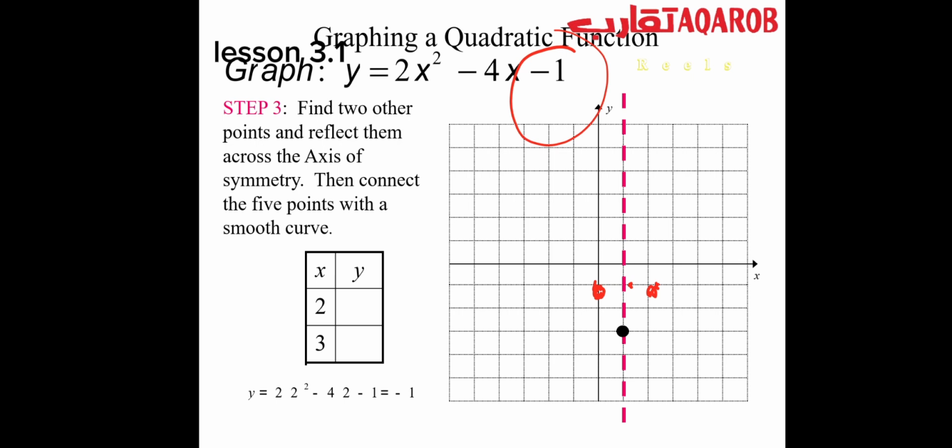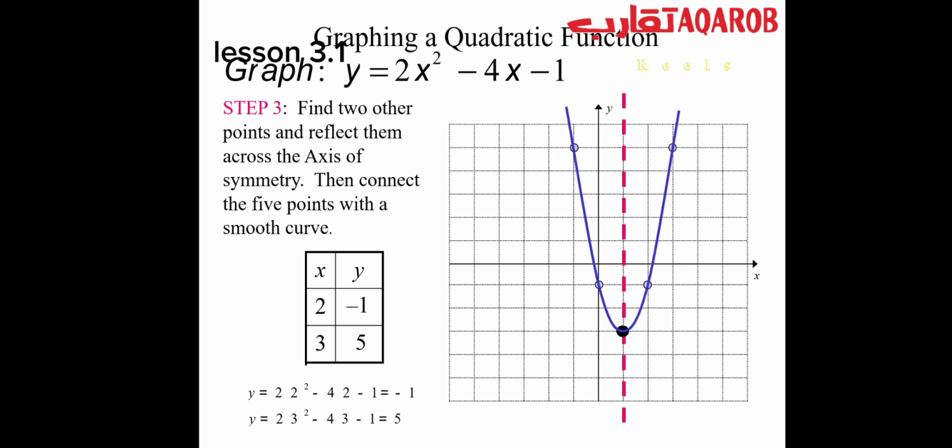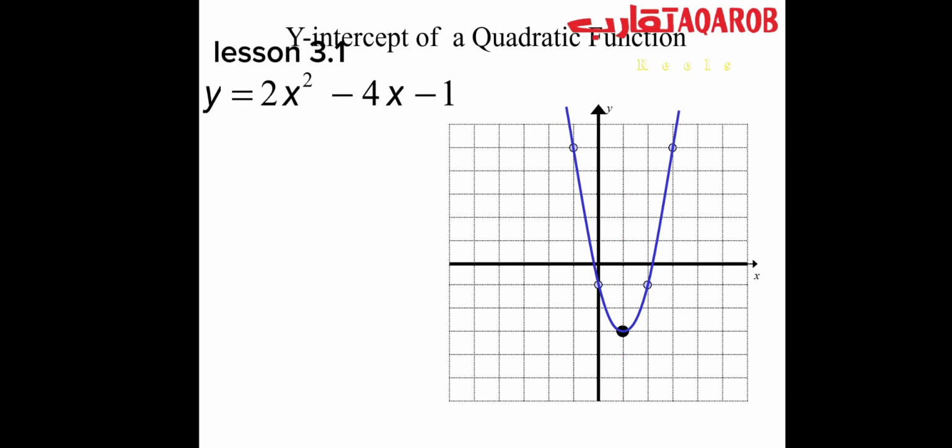So I have here two points, and you can see how they can be graphed. Yes, we can choose any point on the positive side and find the reflection on the negative side. Now this is how we graph it.